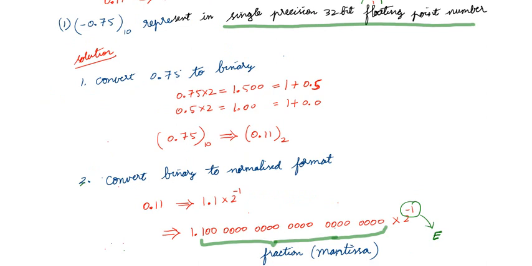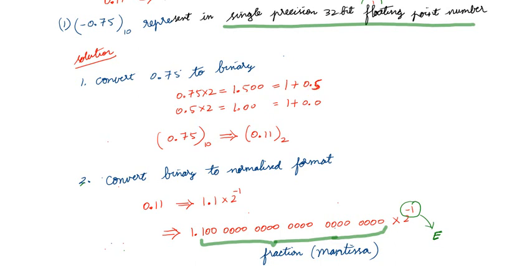First thing, you convert this 0.75 into a binary number. How to convert the fractional part into binary? You have to keep multiplying by 2. So 0.75 times 2 is 1.5. This 1.5 I can write as 1 plus 0.5.